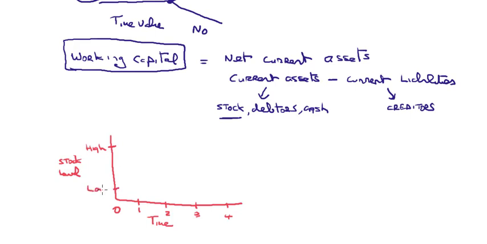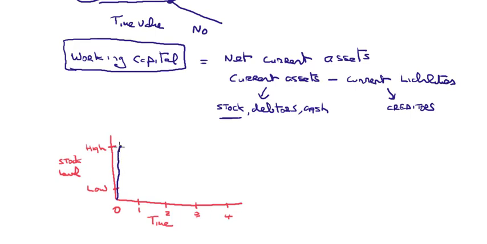Now, our investment in stock, if we're stocking up for the project, is this cash out or is it cash in? Well, clearly, if we're going to buy a load of stock at the very beginning of our project, that's the line.